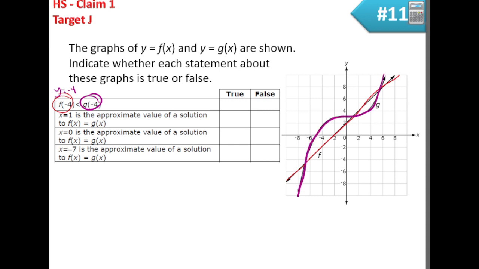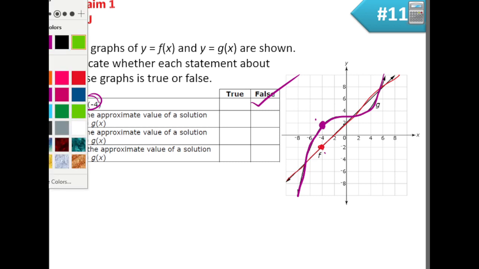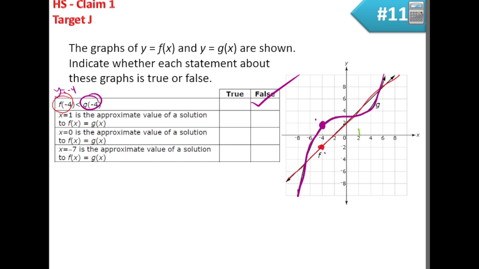At x value of negative 4, which is right here, is f less than g of negative 4? So g of negative 4 is up here. Is f less than g? No. At x equals 1, which is right here. Whoops, sorry. It is right over here.